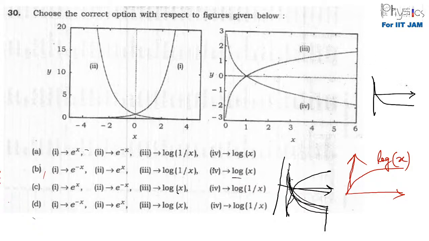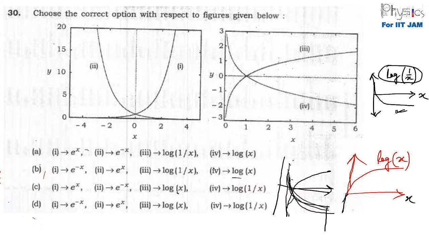Okay, so this is log of 1 by x. This curve is of log of 1 by x. If this is the x-axis and this y-axis is representing log of 1 by x, then this curve represents log of 1 by x, and this curve represents log of x.